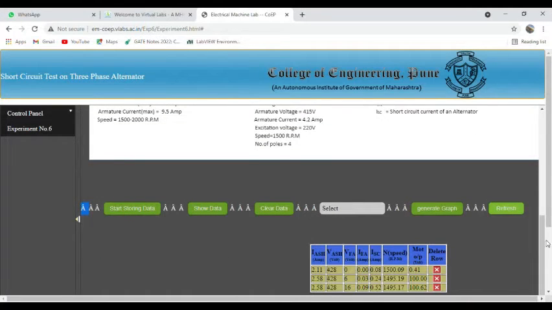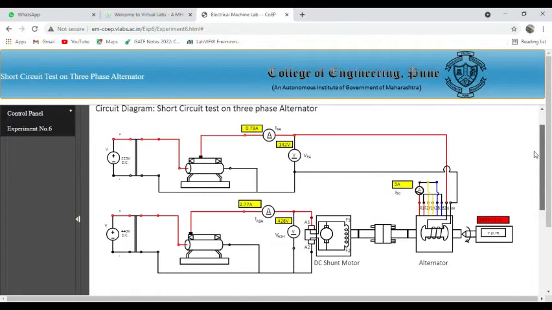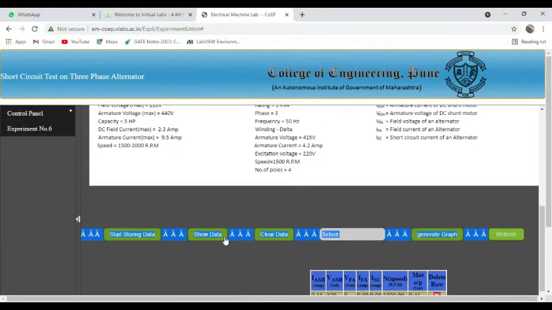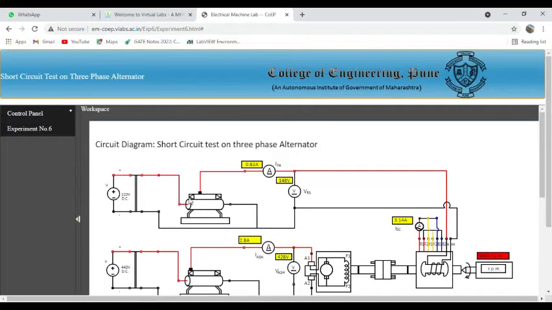In the circuit, we can see the ammeter is placed in series with one of the shorted lines. The field current is gradually increased and the corresponding value of armature current is recorded.